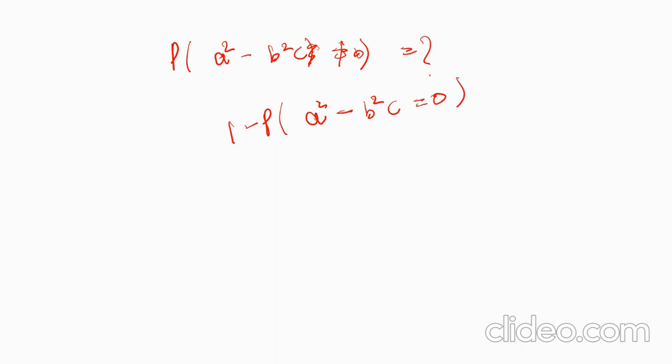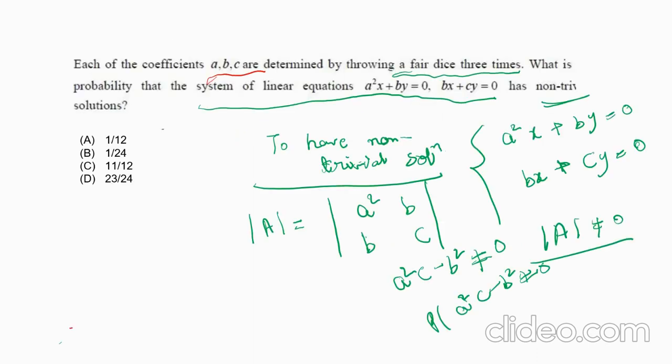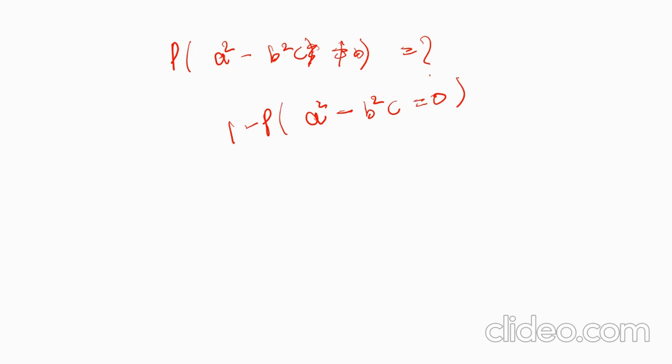If we remove the points at which the solution is trivial, then we have the probability for the non-trivial one. A, B, C are determined by throwing a fair dice three times, so A, B, and C come from 1, 2, 3, 4, 5, 6.